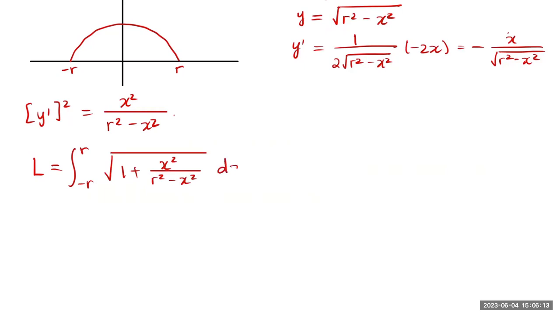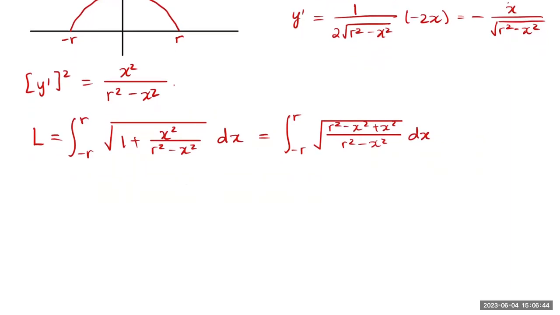Let's simplify this. From negative r to r, we have r squared minus x squared plus x squared, all divided by r squared minus x squared, and dx.